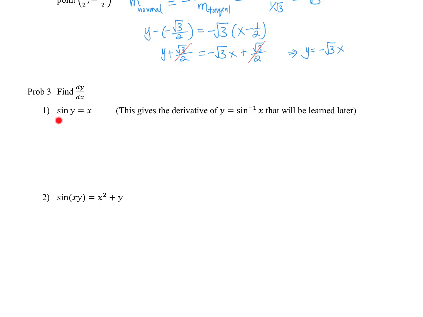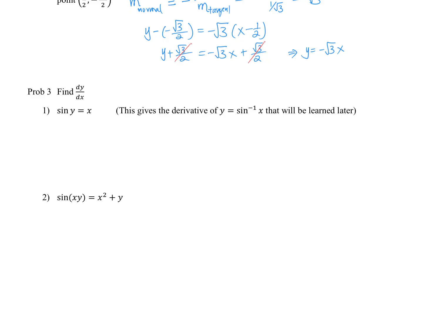For instance, let's try to find the derivative of y for this function sine y equals x. And when we have sine y equals x, this actually is equivalent to y equals sine inverse of x, right? So when we find the derivative of y, we are deriving the derivative formula for the inverse of sine x, which will be learned in the future.